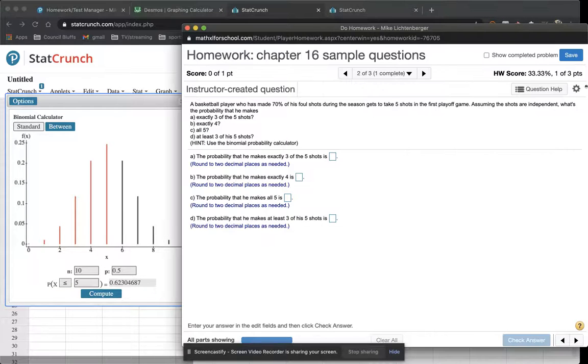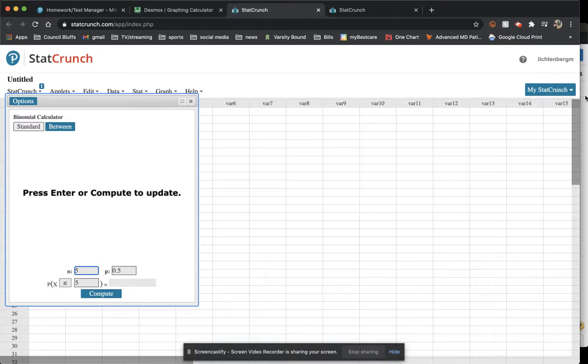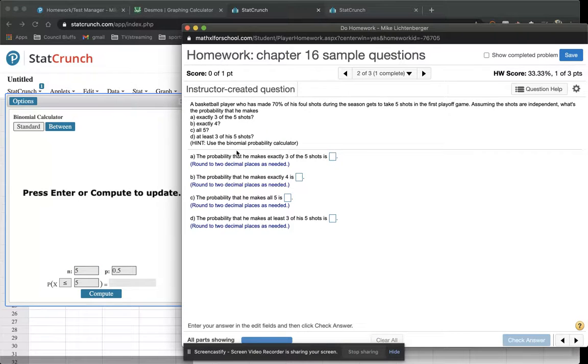Okay, so for number 1, assuming that the shots are independent, what's the probability that he makes exactly 3 out of 5 shots? So he's taking 5 attempts, so the n value is 5. The p-value is the probability or percentage.